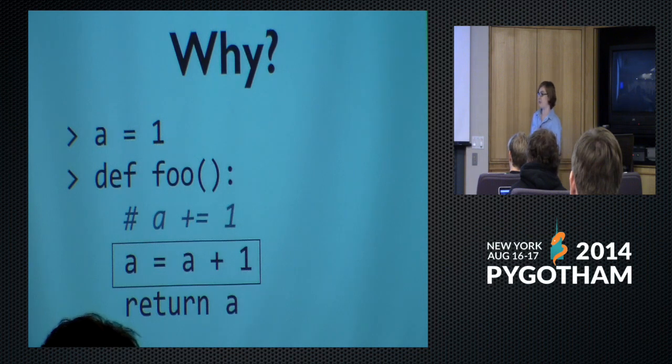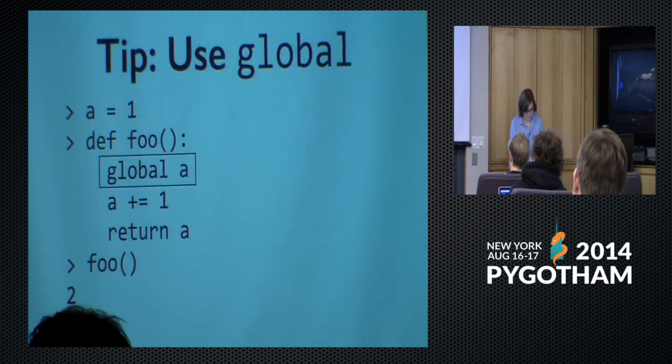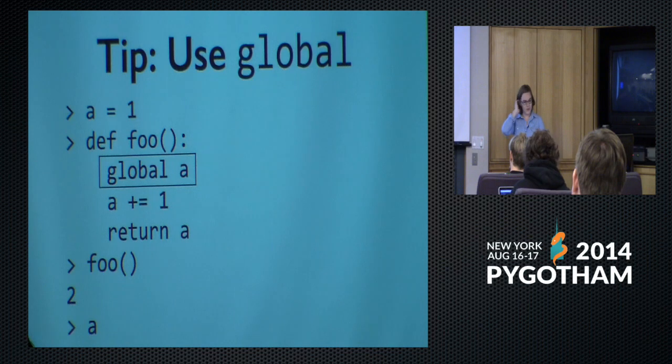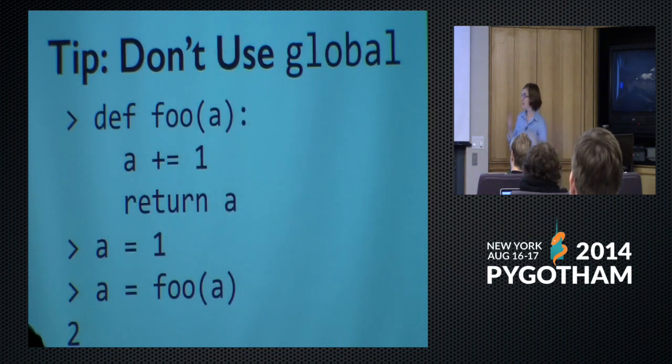So we try to evaluate this expression, and we know we're supposed to look at locals because we've already determined that A is a local variable, but there's no value for A there, so that's why we get the unbound local error. A tip to avoid this error is to use the global statement. But not recommended. Better tip, don't use global instead.